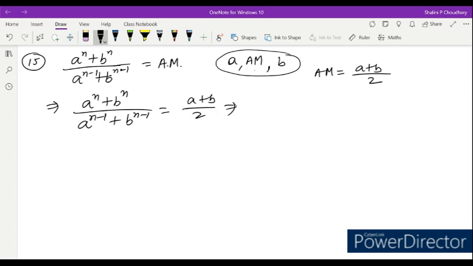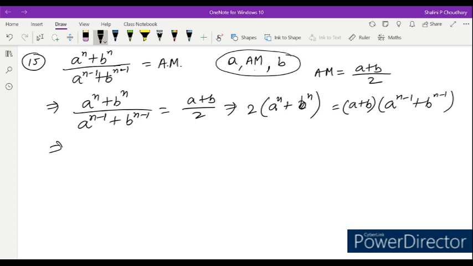Now we will simplify this. It will be 2 into (a to the power n plus b to the power n) equal to (a plus b) into (a to the power n minus 1 plus b to the power n minus 1). Okay, so now it will be 2a to the power n plus 2b to the power n equal to a into a to the power n minus 1, which will be a to the power n.